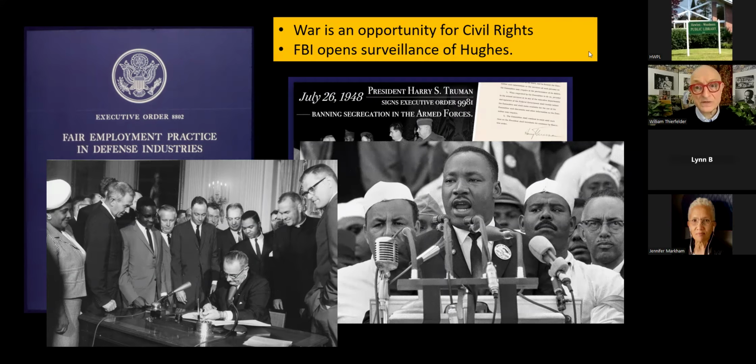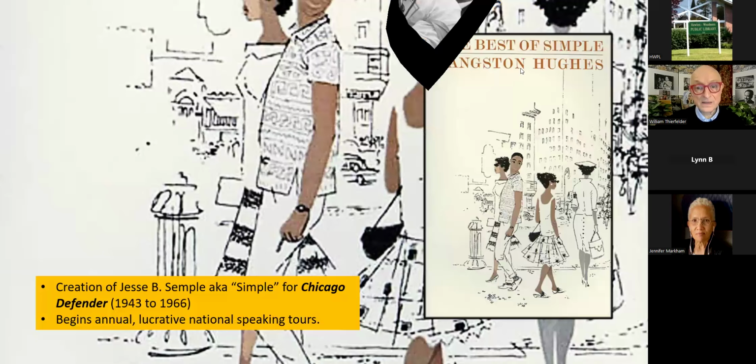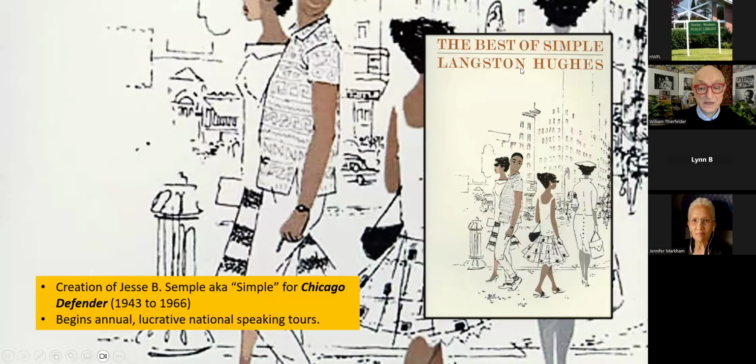Now, in terms of his writing during the 1940s, Hughes hit pay dirt with the creation of a delightful Black character called Jesse B. Semple, also known as Simple. And he wrote it for the Chicago Defender. Kind of think of Armistead Maupin's wonderful Tales of the City stories that he wrote for the San Francisco Chronicle.